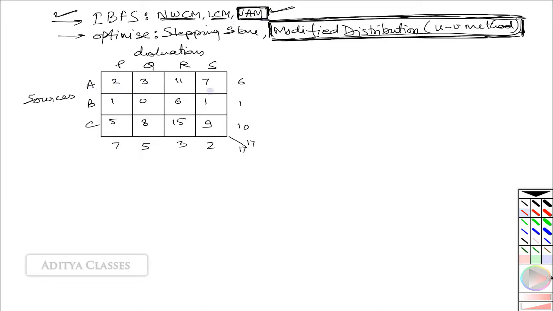For the first row, the penalty is the difference of 2 and 3, giving 1; 1 and 0 giving 1; 5 and 8 giving 3; 1 and 2 giving 1. So my penalties for the first stage are 1, 1, 3, 1, 3, 5, 6. This is the highest penalty.